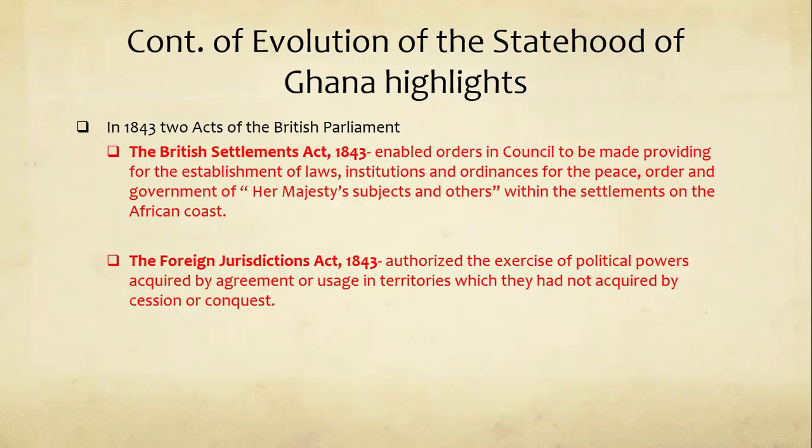The British Settlement Act enabled orders in council to be made, providing for the establishment of laws, institutions and ordinances for the peace, order, and government of Her Majesty's subjects and others within the settlements on the African coast.